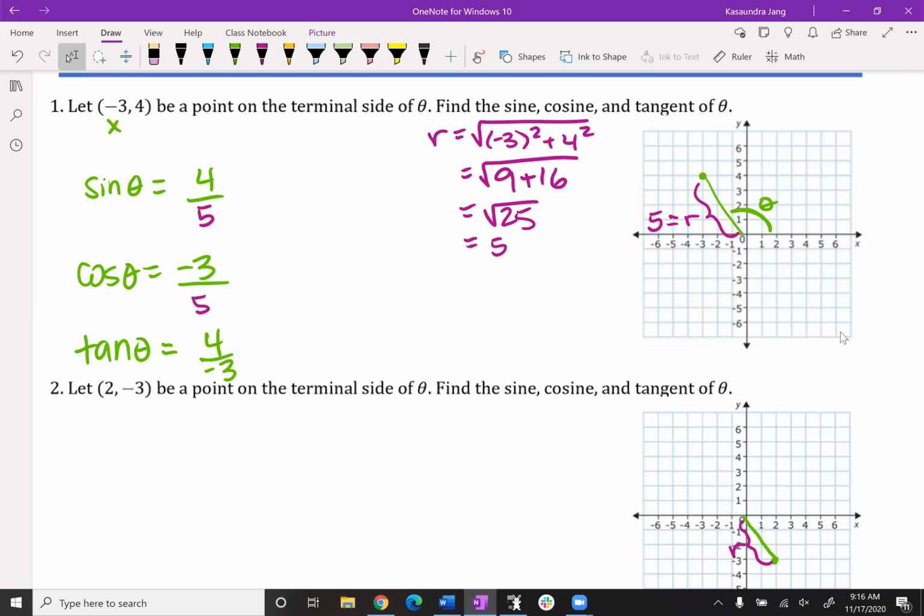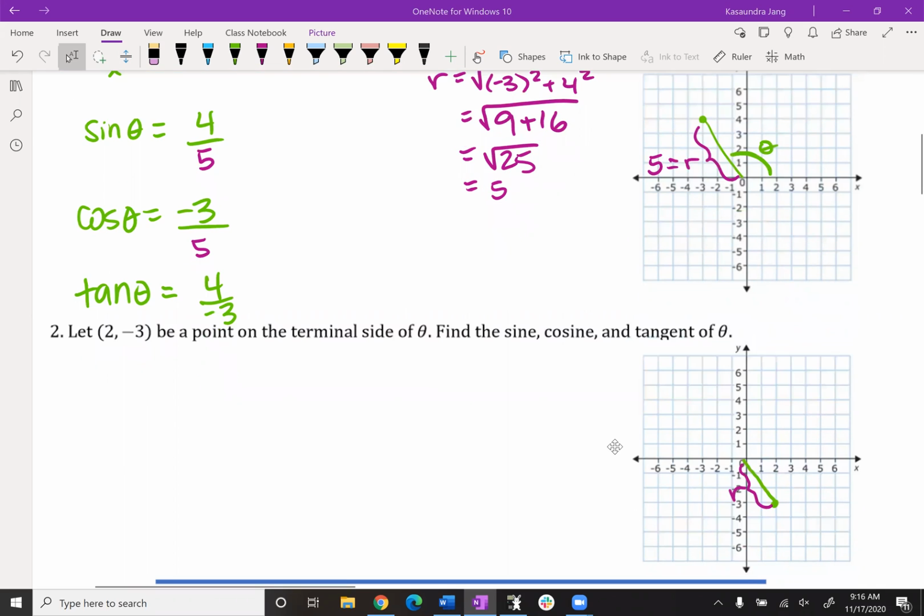So let's see here. Alina, what'd you get for the radius? On number 2, what's the radius on number 2? It's not a pretty whole number, that's for sure.